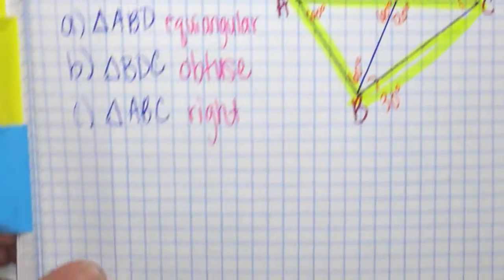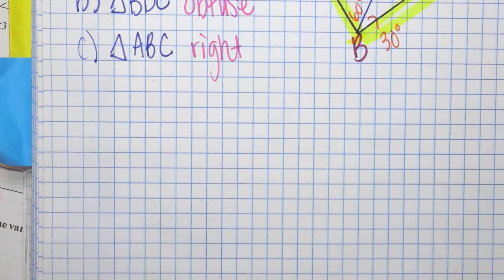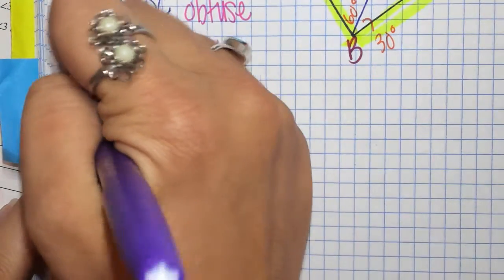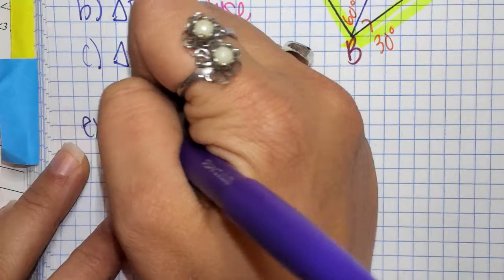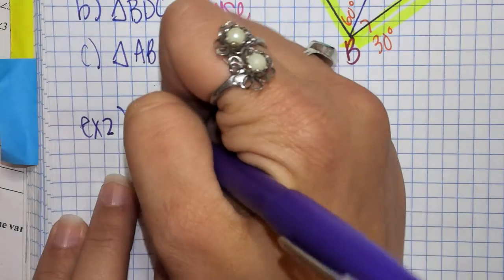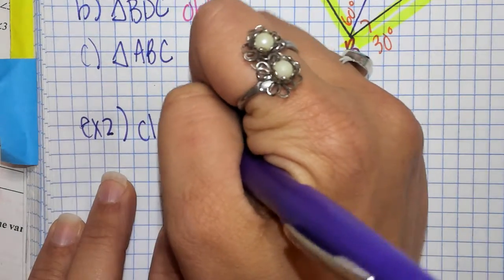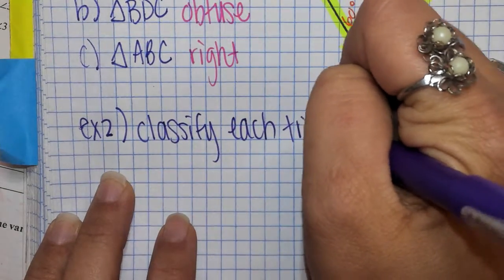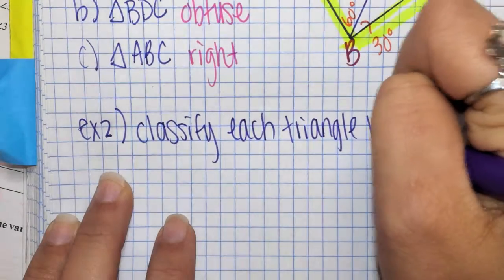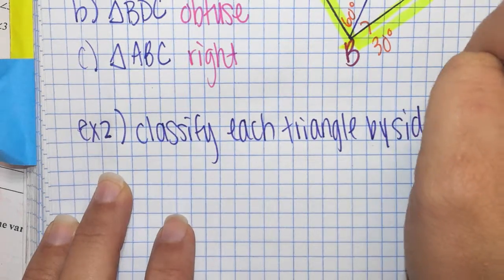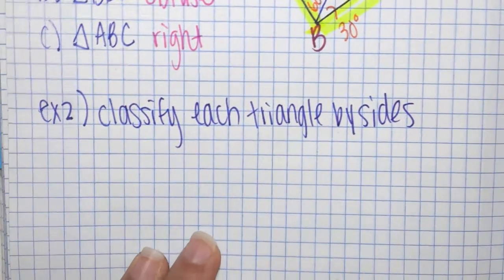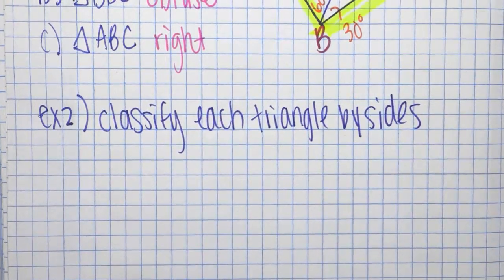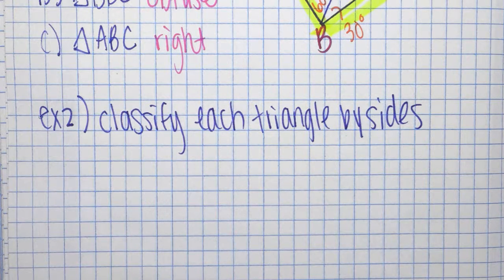All right, let's do it by sides. Are you guys ready? Example 2. Classify each triangle by sides. And what are the 3 ways we classify by sides?